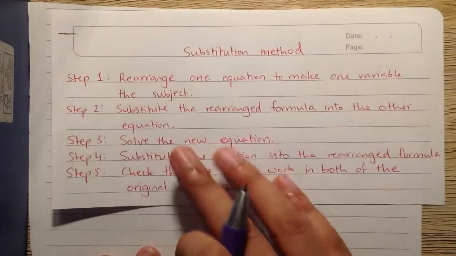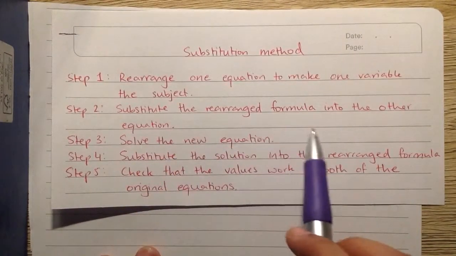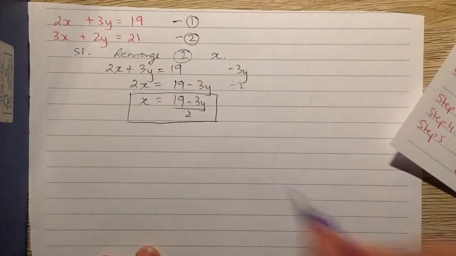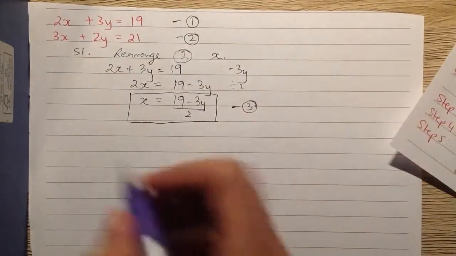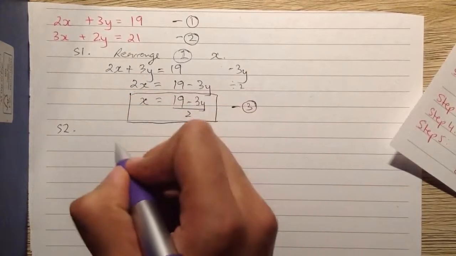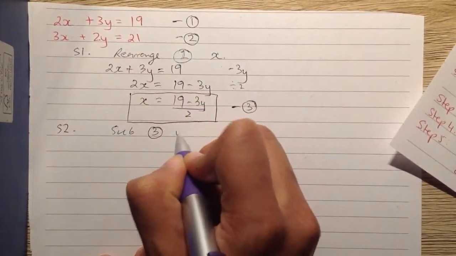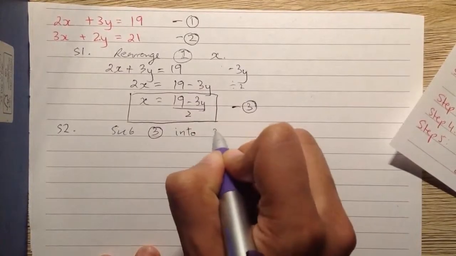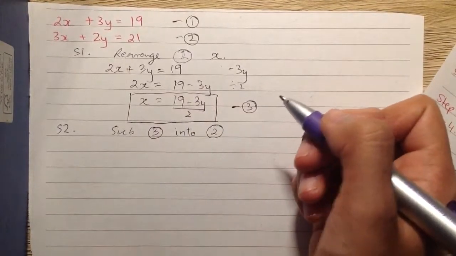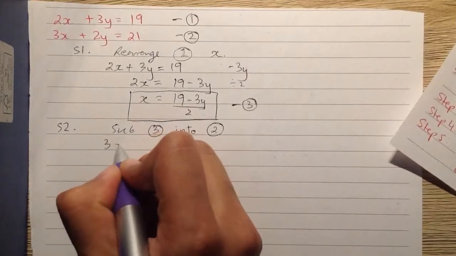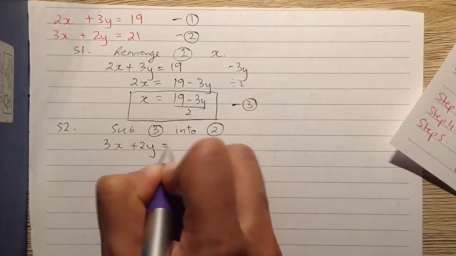Step 2, we now have to substitute the rearranged formula into the other equation. So step 2 is substitute 3, the rearranged formula, into equation 2. Alright, so 3x plus 2y equals 21.